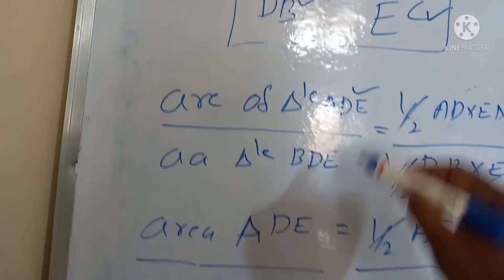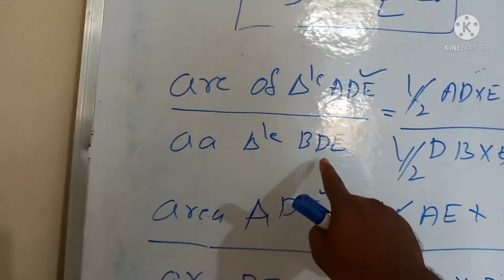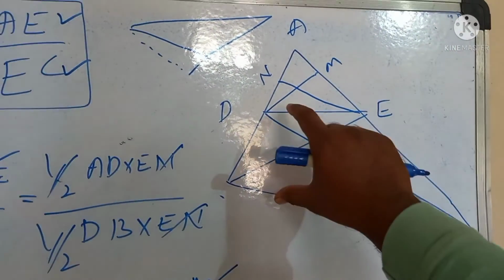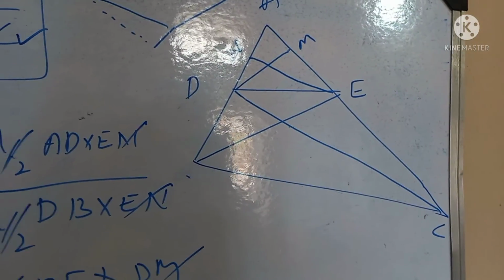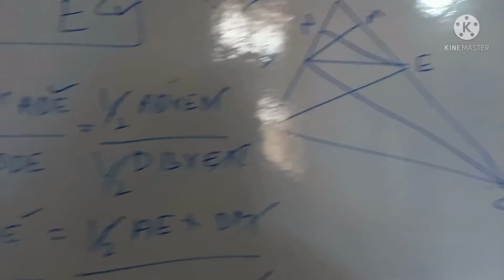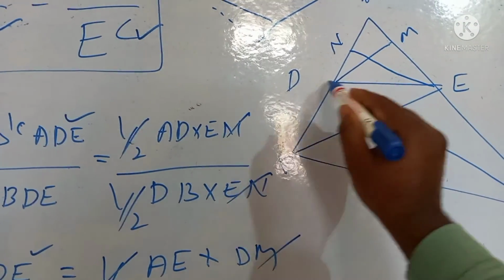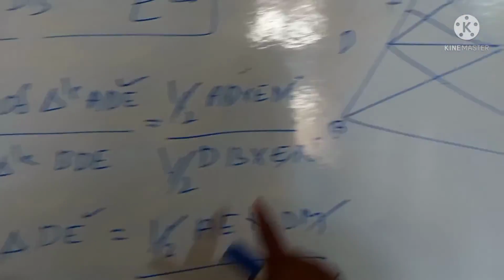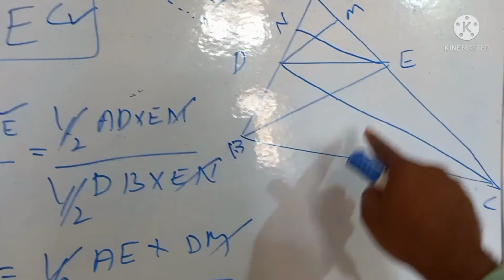Here area of ADE is there, area of BDE is there, but BDE and DEC both are equal, because if there are two triangles on the same base between two parallel lines, their areas should be the same. Means triangle BDE under these two parallel lines, DE and BC, and again triangle DEC comes under these two parallel lines.